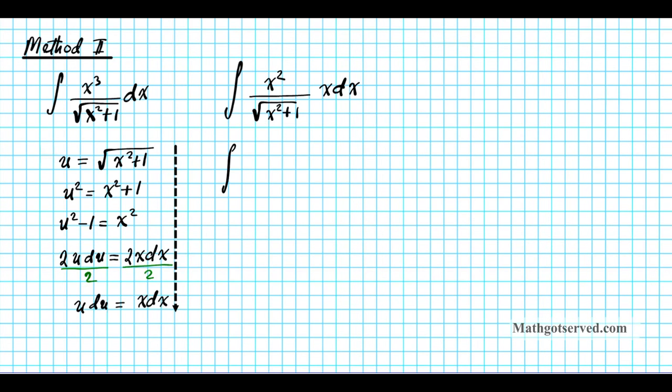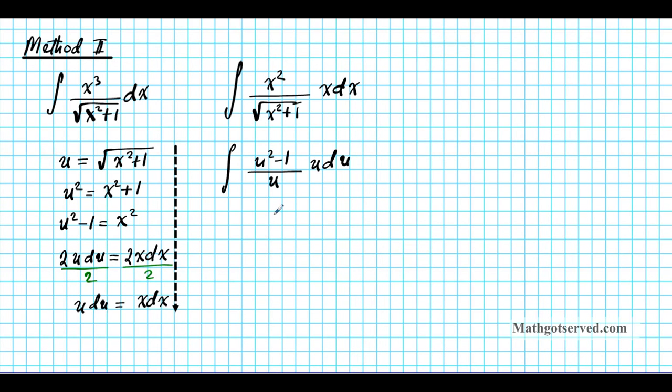Okay? All right, let's make our substitution. We know that x squared is u squared minus 1. So we replace the numerator with u squared minus 1 over the denominator, the square root of x squared plus 1, which is simply what? It's simply u, right? So let's call that u. And then x dx is what? x dx is u du.